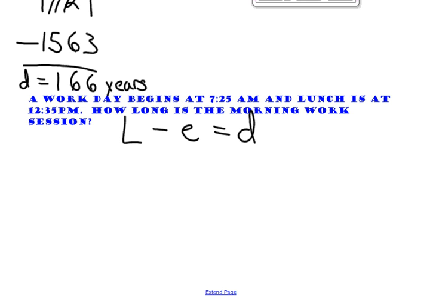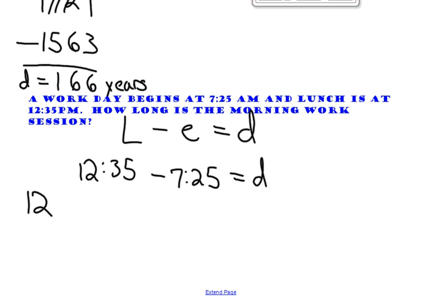And once again, we have a 7:25. That's definitely our earlier time. And we have a later time of 12:35. And that's going to give us our difference. And so we have our equation. And from here, then we can solve.